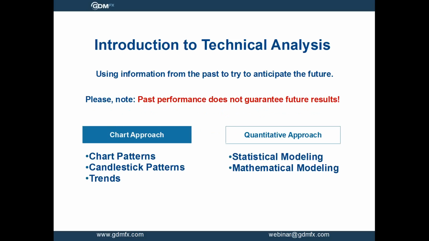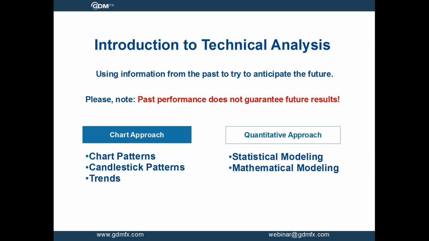Okay, there we go. What is technical analysis? Basically, there are two types of analysis, two ways that one can analyze the financial market: the so-called technical analysis and, of course, fundamental analysis. Basically, technical analysis, the simplest possible way to explain it, is using information from the past in order to try to anticipate what will follow, what will come in the future.